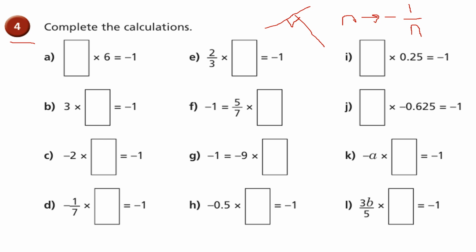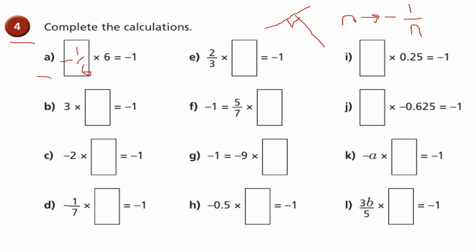Part A, something times 6 is -1. Hopefully you can see that'll be minus a sixth, because minus a sixth times 6 gives -6/6, which simplifies to -1.